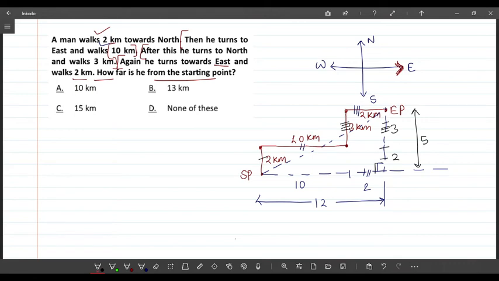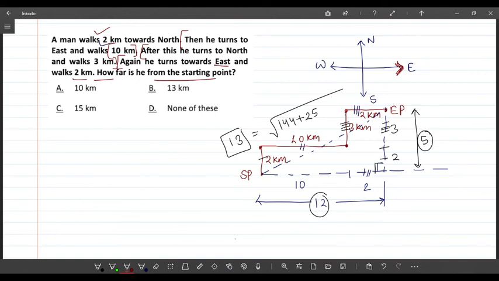So in short, we are dealing with a right angle triangle which has perpendicular as 5 and base as 12. The hypotenuse as per the Pythagoras theorem should be 12 square plus 5 square, 144 plus 25, that eventually turns out to be 169, and the square root of 169 is 13. Try to remember this is one of the standard triplets under the Pythagoras theorem, called a Pythagorean triplet.